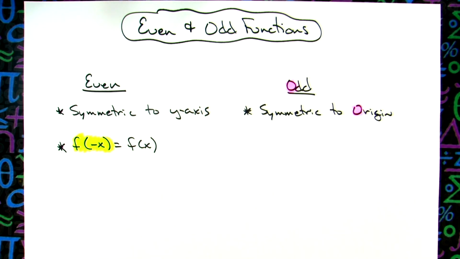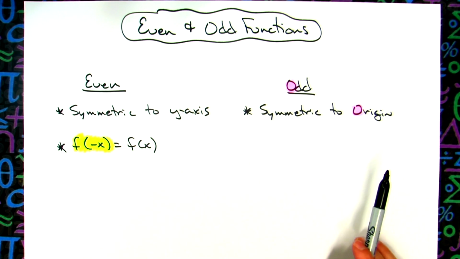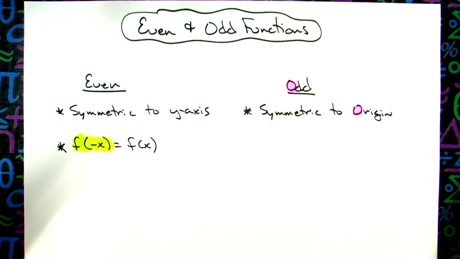So again, when Math Excel gives you a graph or a picture of the function, you just have to look at it. Is it symmetric to the y-axis? Is it symmetric to the origin? Or is it not symmetric at all? If there's no symmetry whatsoever, or it's symmetric to the x-axis, then that would be a neither. It's neither even nor odd.